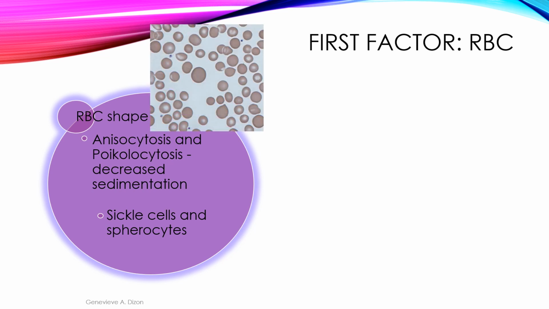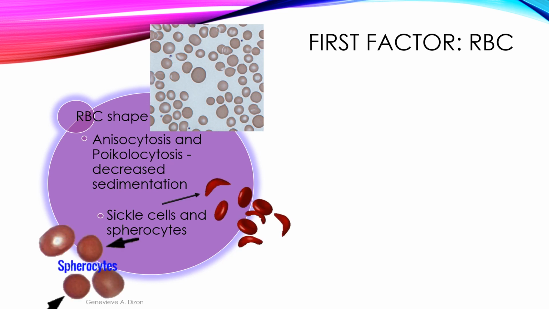Anisocytosis is when the majority of the red blood cells have differing sizes. Some may be big, some small, and some normal, while poikilocytosis is the change in the shape of the majority of the red blood cells. Examples of poikilocytes are sickle cells and spherocytes. Now, both these conditions have an alteration in shape, therefore unable to aggregate and form a rouleau.